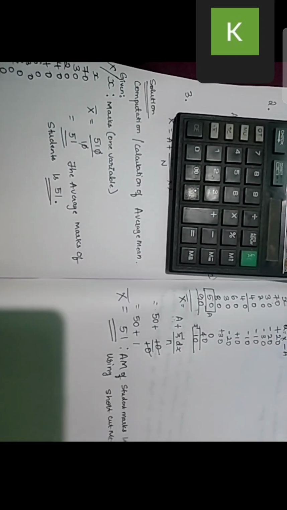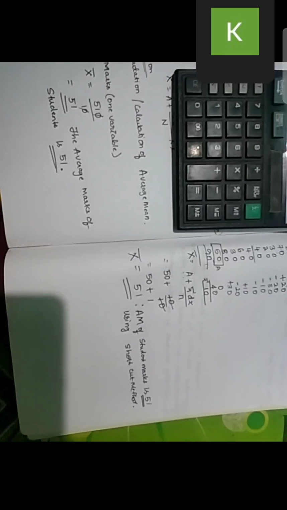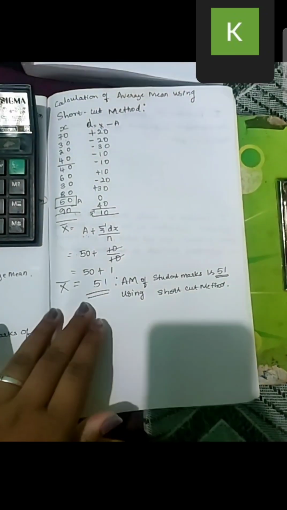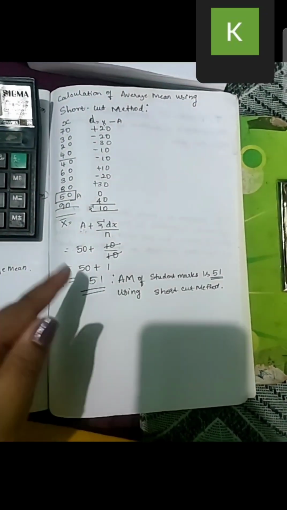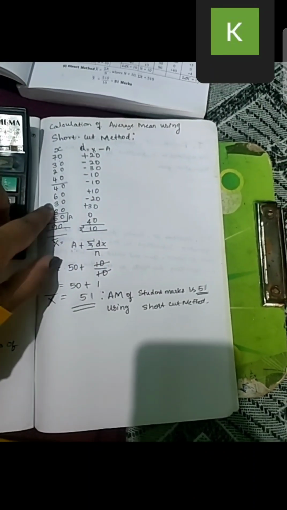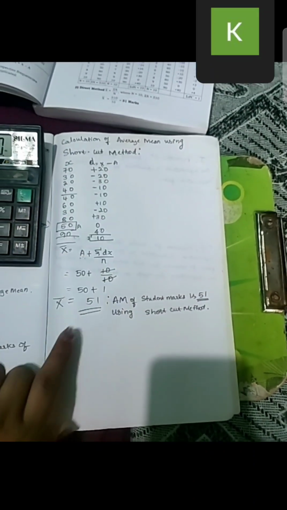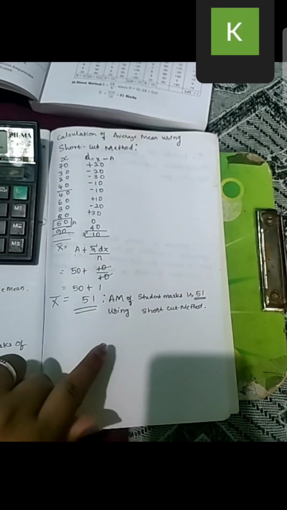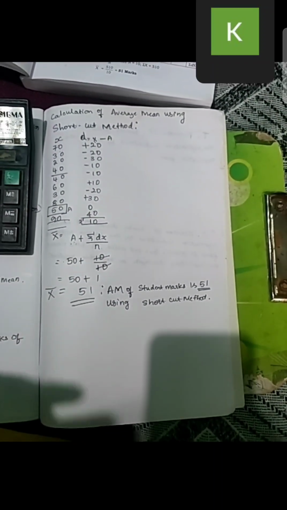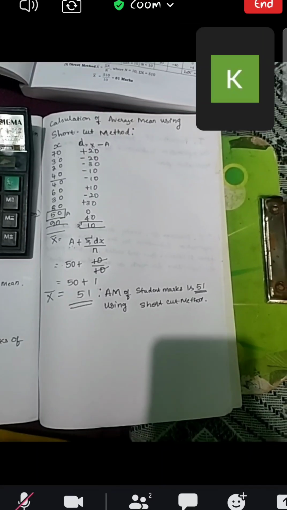You understood, Karina? Yes, ma'am. Any doubts? No, ma'am. I want you to try using another value of x as the assumed mean and tell me whether you are getting the same answer. Will you do it? Okay, ma'am.